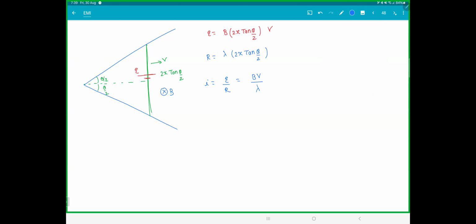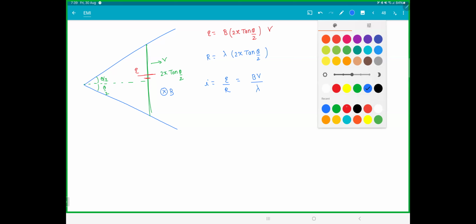Now what? Who is slowing down this rod then? Someone has to slow it down. Why? When the current is flowing through the resistor, it is producing heat. So someone must be giving this energy.